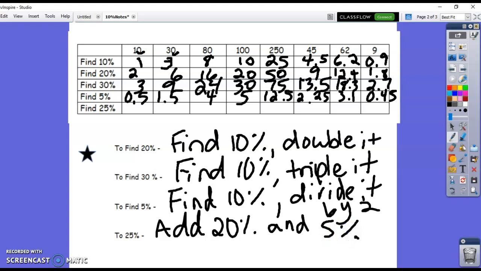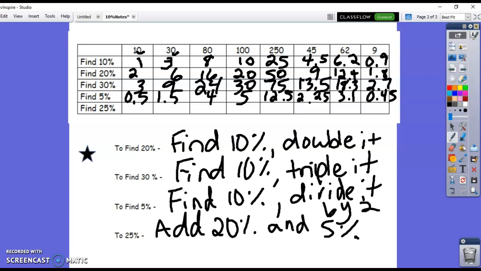You could also subtract your 5% from your 30%, because 30 minus 5 is 25. You could do that as well. There's many different ways. You could find your 5% and multiply it by 5. So lots of different ways that you can find it. So we're just going to add our 20% number and our 5% number.